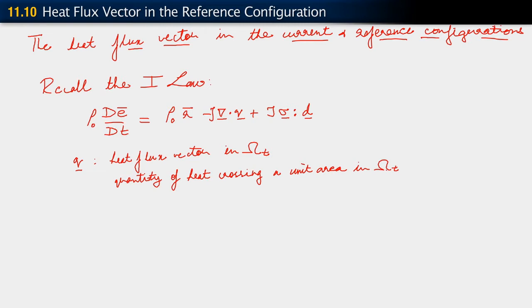So it's the quantity of heat crossing a unit area in omega t, and it's crossing that unit area perpendicular to the unit area. In order to speak of a unit area, we obviously need to have some surface. And so we're saying it's the heat flux, the amount of heat going perpendicular to that surface in omega t per unit time.